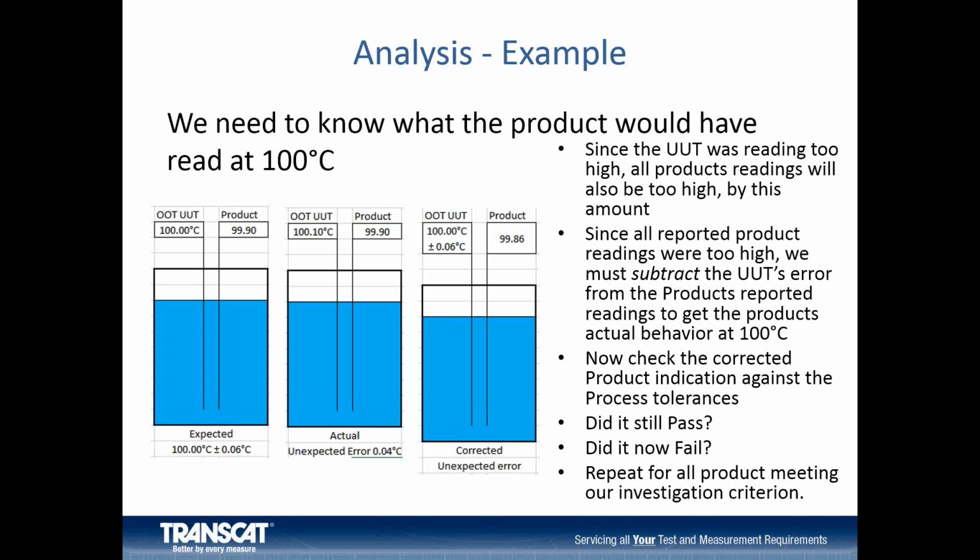We didn't know it. You can't tell until you send it in for calibration. The thermometer was actually reading 100.1 degrees. It said 100.00, but in reality, that bath was really set for 100.1. Okay?